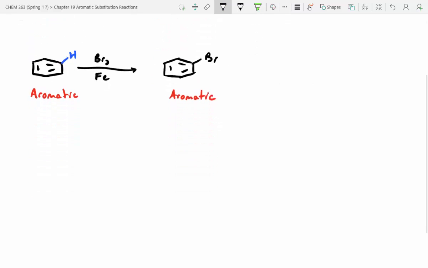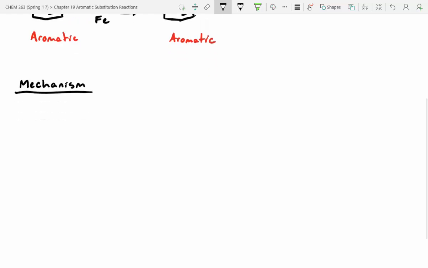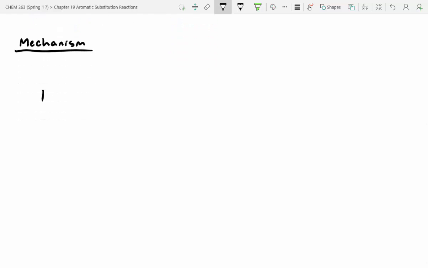So the overall mechanism's a little bit tricky, but it always involves a really, really strong electrophile. Let me clean this up. And why do you think we have to use a crazy strong electrophile?